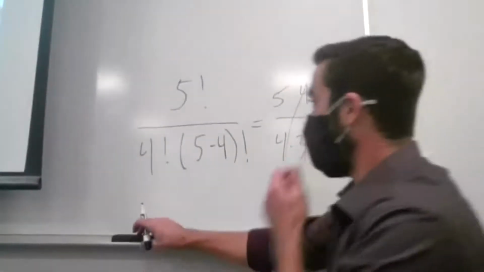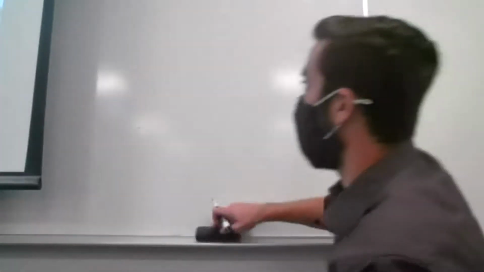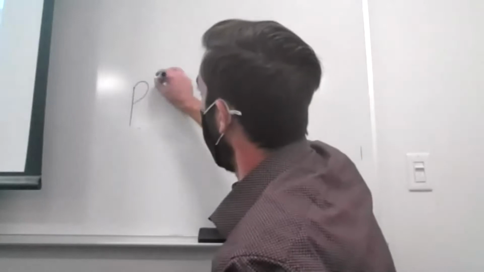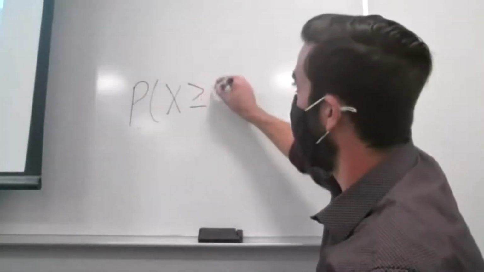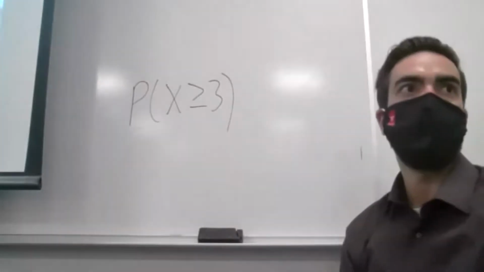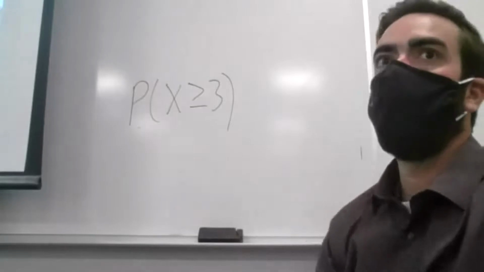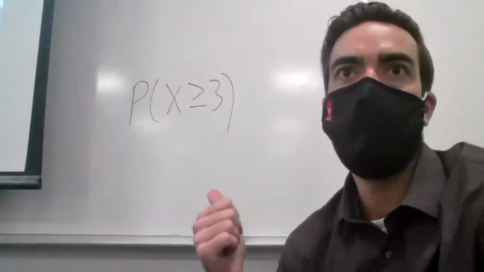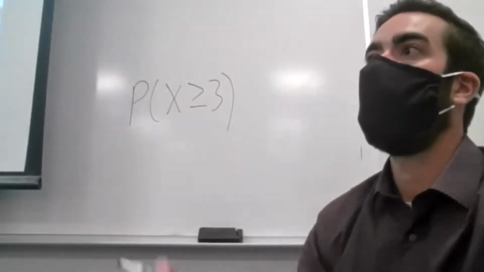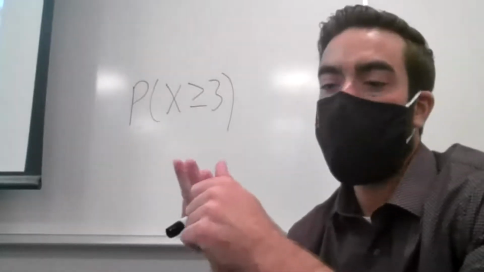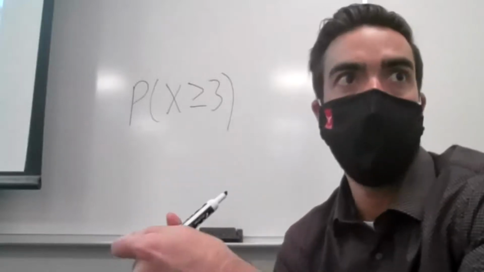So the first thing I'm going to do is write out in terms of the probability what that looks like. So I've got the probability of being at least 3, which would be greater than or equal to 3. Right? So the way we would find something like this is we think about every single outcome that would fit this criteria. And because I can only see exactly 3 people have a college degree or exactly 4, right?